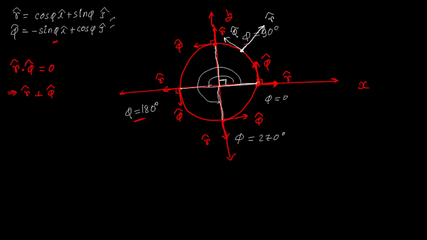And sometimes we also define the directions of r cap and phi cap. If you know these directions, then it will be easy, and you can easily solve the problem. So these are the directions related to r cap and phi cap: they will always be perpendicular to each other, r cap will always be radially outward, and phi cap will be tangential to the surface and always in the anti-clockwise direction.